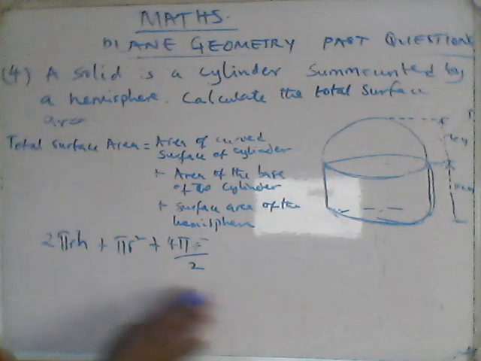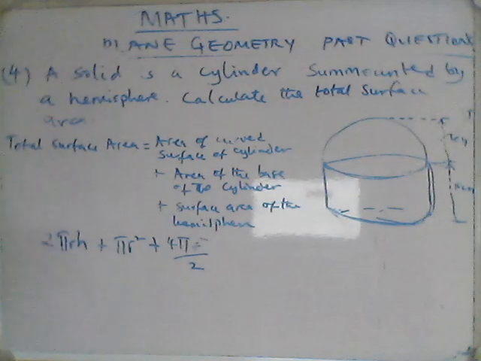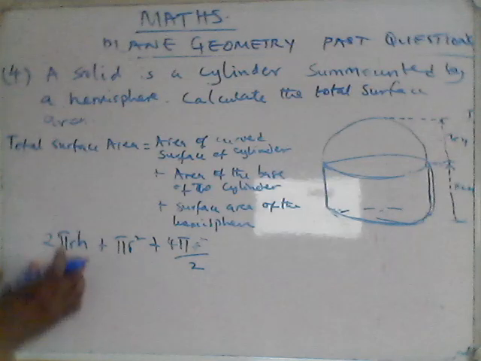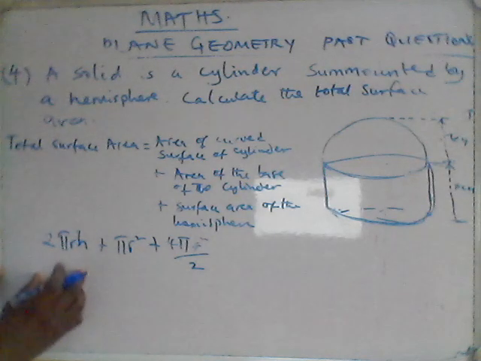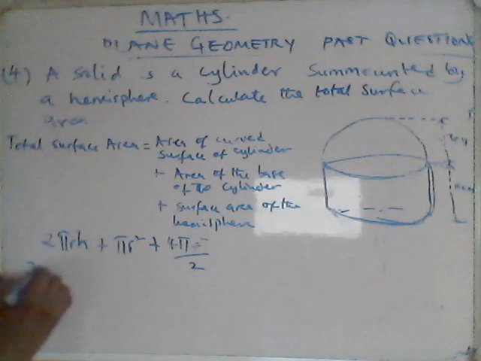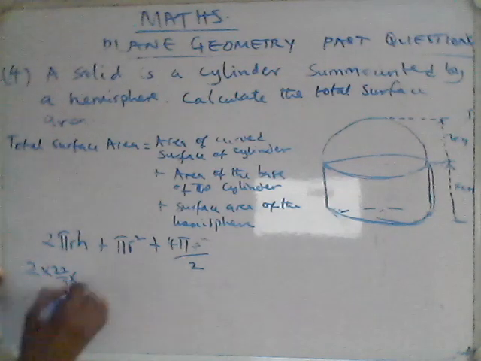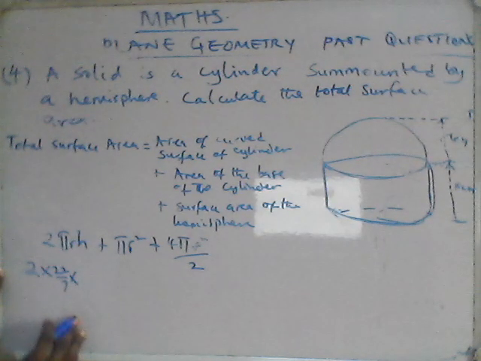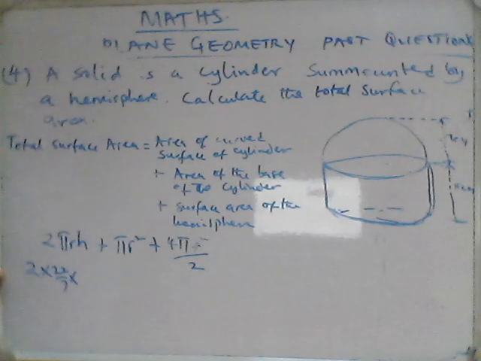If you haven't gotten all these ones now, we're going to be putting in the values that we have here. So for the area of the curved surface of the cylinder, I'll be having it as 2 times 22 over 7 times the radius. What are we given for the radius?